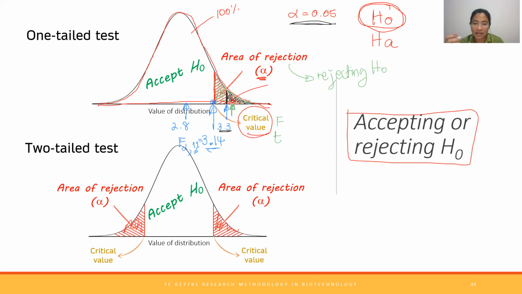That's why, if you are making the statistical test at alpha 0.05 and your p-value is less than 0.05, then you reject H0 and say whatever the alternative hypothesis is saying.